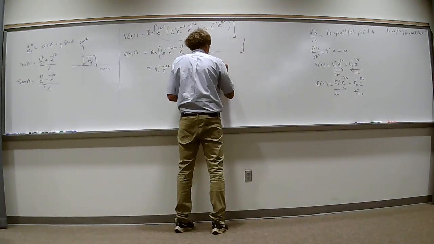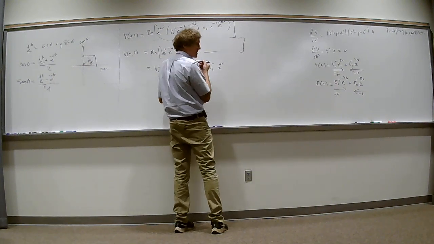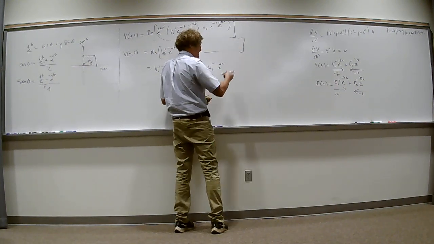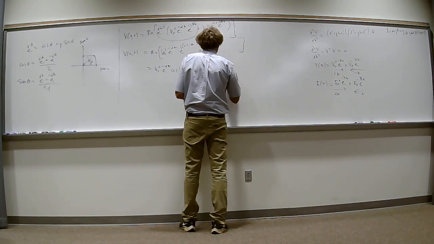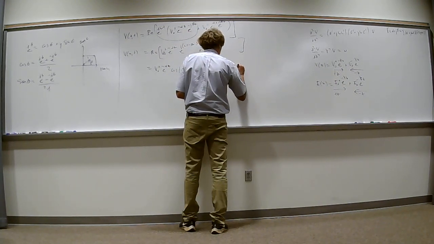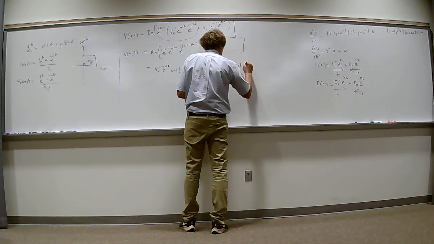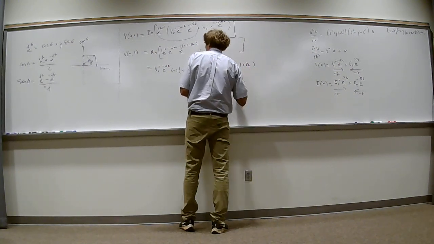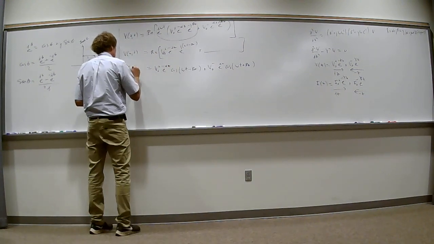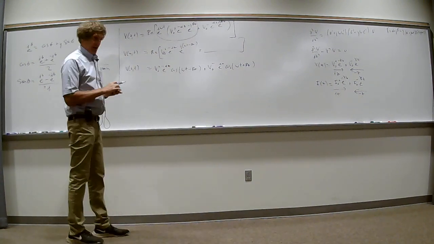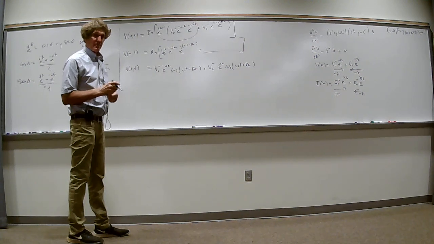It would be e to the alpha z, because now if it's going in the negative direction, this would start decaying the further negative I got. And it would be times cosine here of omega t plus beta z. And that's the time domain form of v of z,t on a transmission line that we're studying. You all follow me?